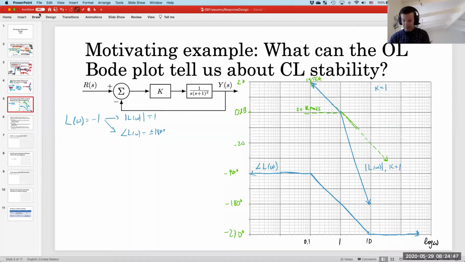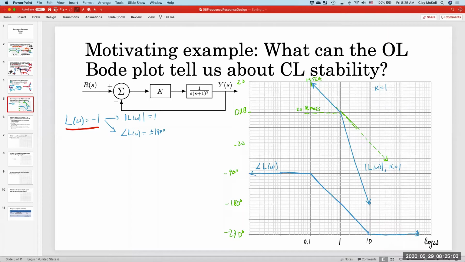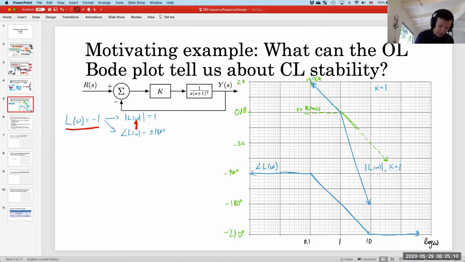So remember that to be unstable, we need a pole, well, to be marginally stable, we have a closed loop pole on the imaginary axis, which is actually this condition here. This is a condition for marginal stability, if you like. So is it the up and to the left telling you that it's going to be marginally stable? No, I'm saying that this is an exact point on the frequency axis, this omega.